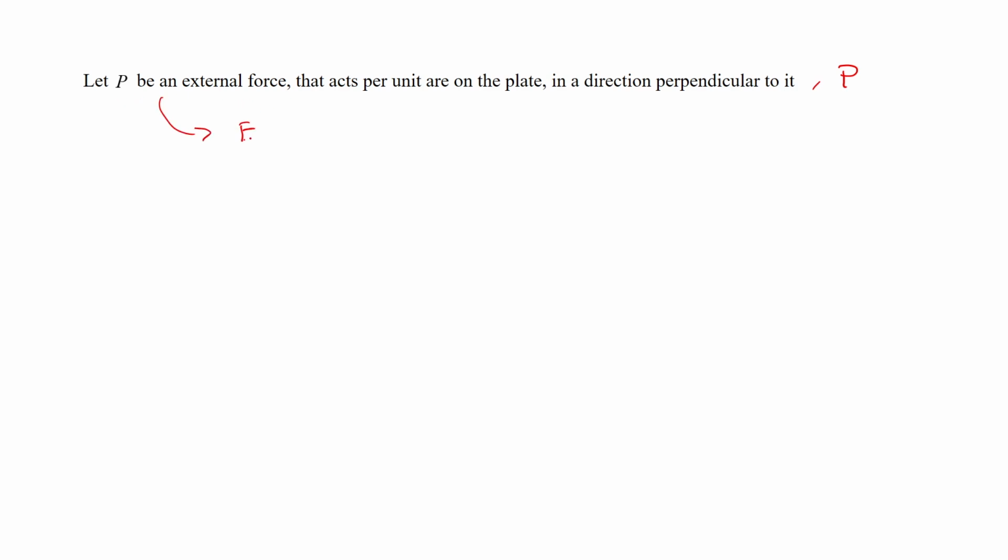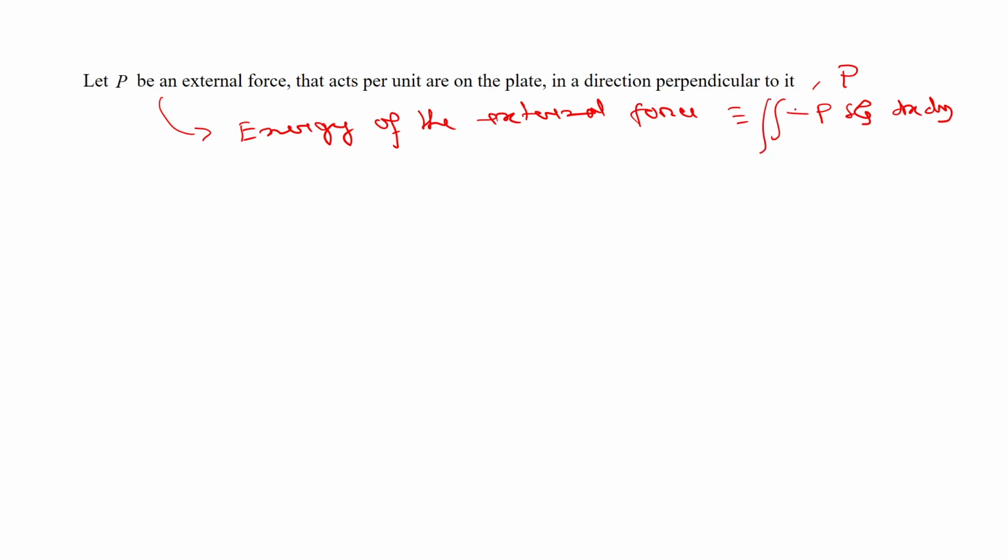So, the energy of this external load, external force, let us say, okay. So, that will be given as what? Minus P into delta zeta, and this has to be integrated over the whole area. So, it is dx dy and the same way that you have done it over here. So, the total energy will be minimum and that will be equal to 0, and that will be obtained by adding the energies, this infinitesimal change in the energy of this plate and also the external force.